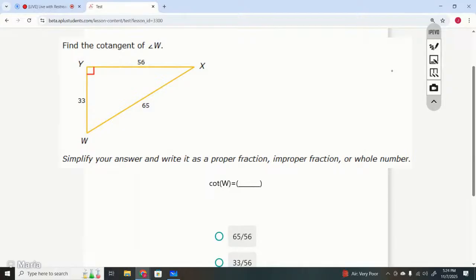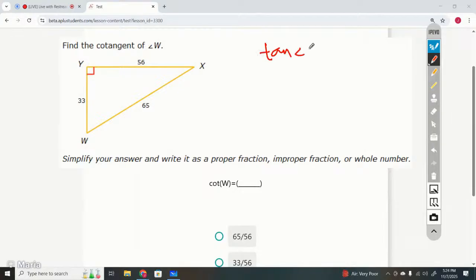Find the cotangent of angle W. Tangent of angle W is opposite divided by adjacent.